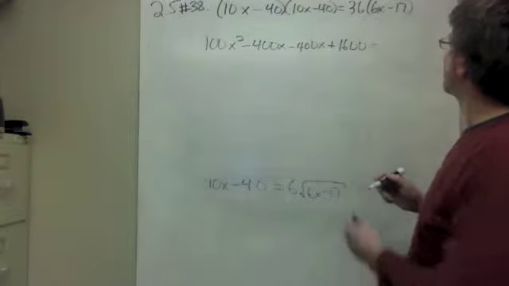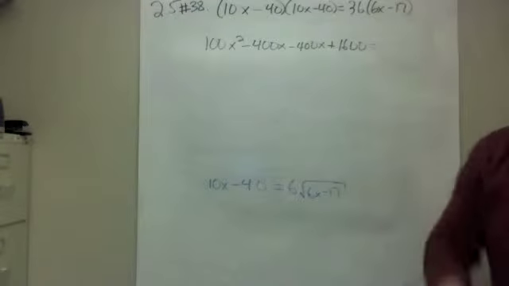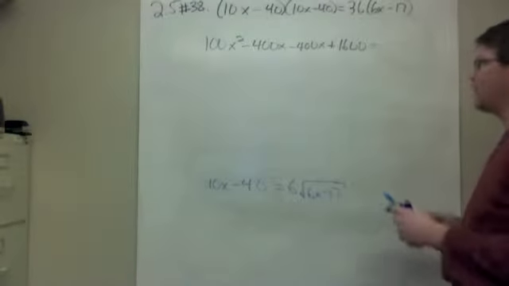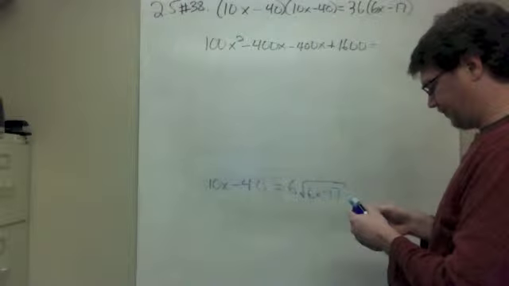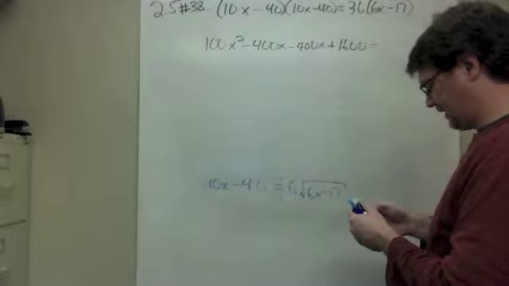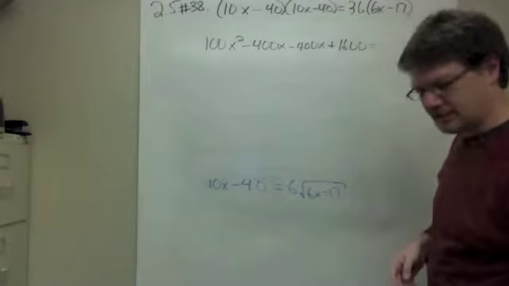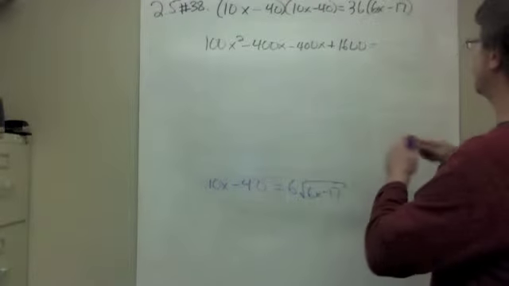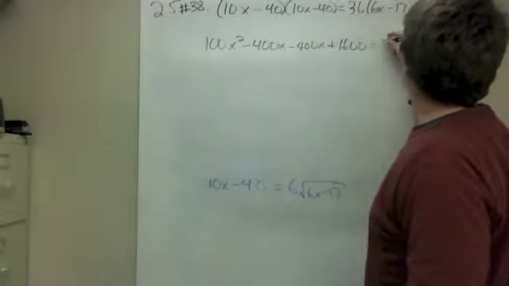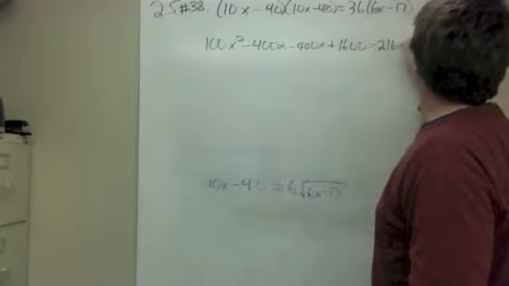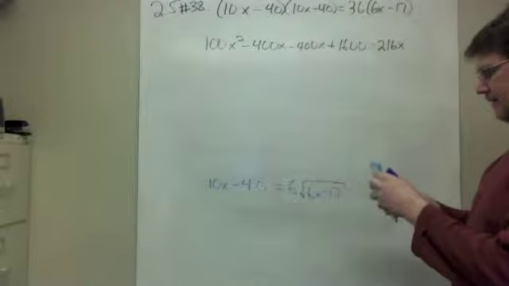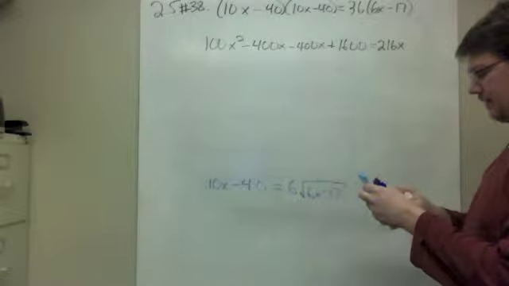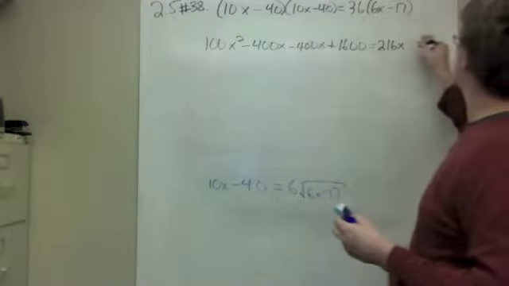Oh boy, 36 times 6. Our numbers are getting big enough that I'm going to need the calculator for this. 36 times 6 is 216x. 36 times negative 17 is minus 612.